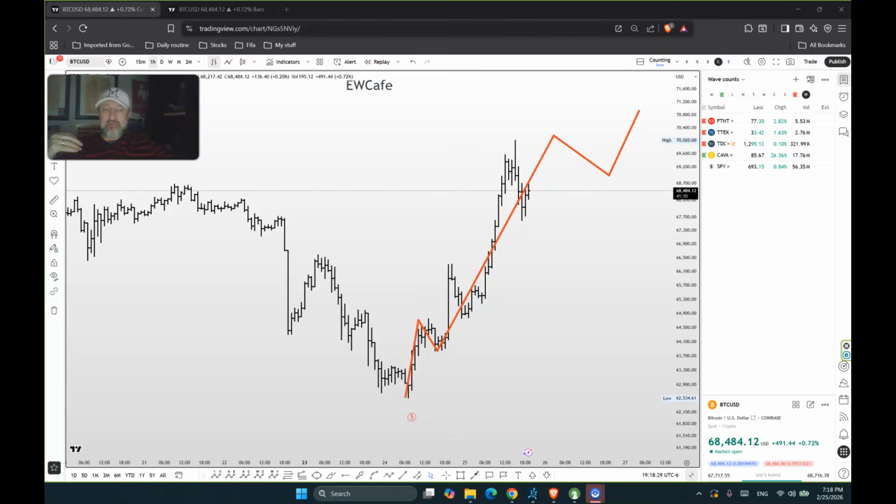Inside this long move, you have this little one here, 1, 2, 3, 4 and 5, and that's inside that leg. And then inside this one, it's a 1, 2, 3. So this is the fourth wave forming here to complete this structure.